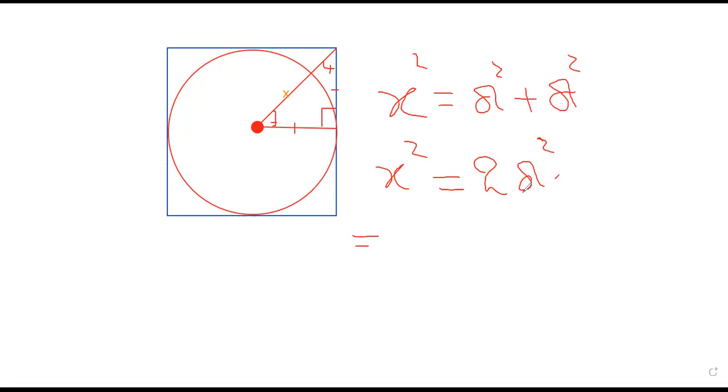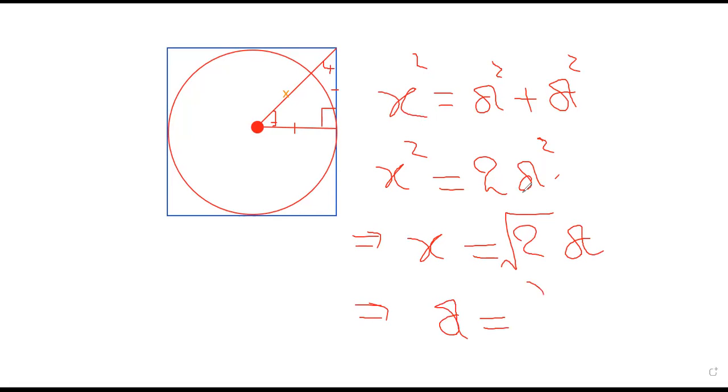And if we take the square root on both sides, we will get x is equal to root 2 times a. And we are looking for a, which is the radius. So this will be x over root 2. Are you getting this? This will be the radius a.